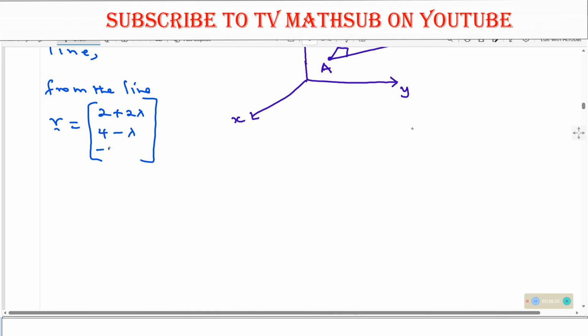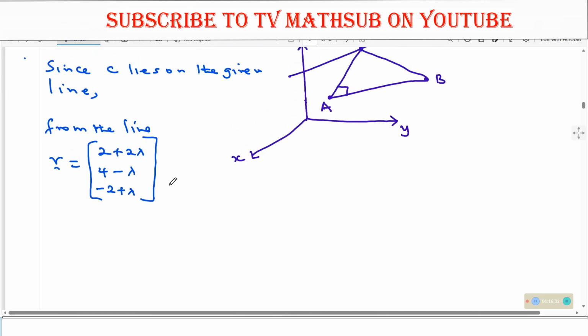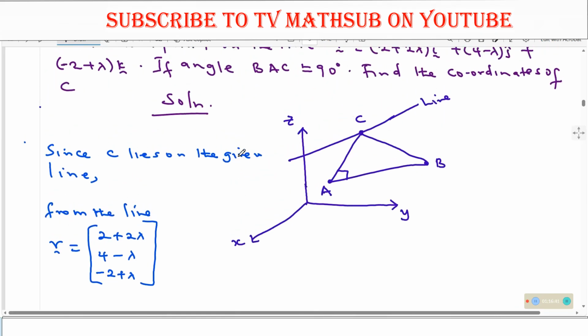That is why it was written this way. This time they have not split it like 2i plus 4j minus 2k, then plus lambda into the direction. But you can also put it in the other line form that we know: split 2, 4, negative 2, plus lambda, and you put the lambda out to get the direction vector.